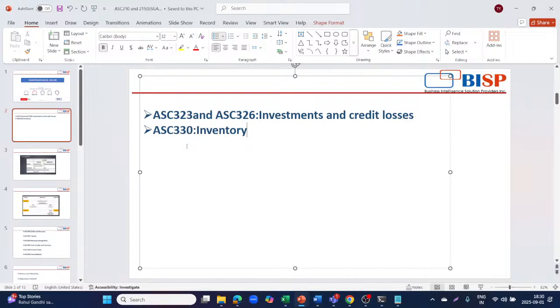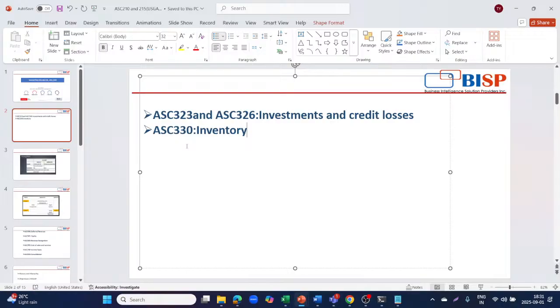Now, if we talk about accounting standard codification 330, that is inventory. This topic provides guidance on accounting and reporting for inventories in US GAAP. It covers definition, initial measurement at cost, and the subsequent measurement of inventory, including its valuation, classification, and disclosure requirements.